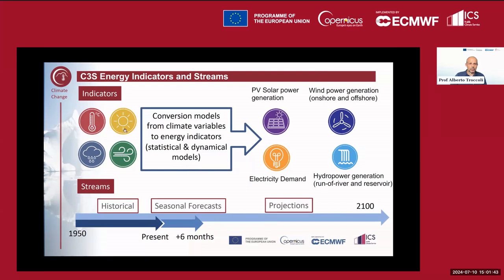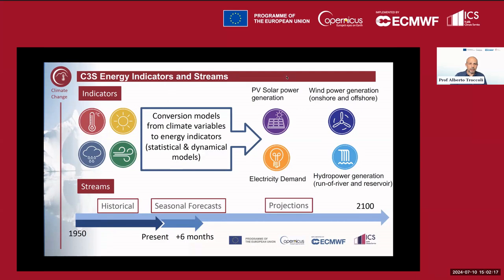These are the main ones. We also have relative humidity and pressure. These variables are then converted through different types of modelling, some of which we saw last week and others we'll see today, into the energy indicators, which are the PV solar power generation, the wind power generation onshore and offshore, electricity and also energy demand, and then hydropower generation, run-of-river and reservoir.